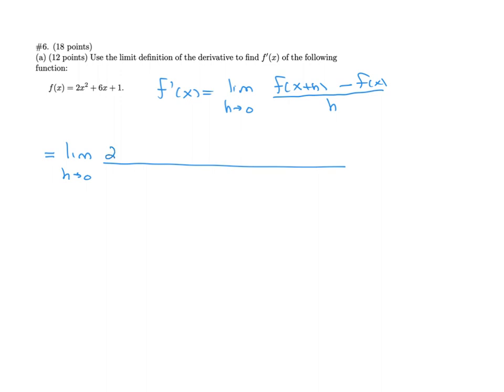And so I get 2 times x plus h squared plus 6 times x plus h plus 1. And I have to subtract the function. And I have to be careful. I want to subtract the whole function, so I'll use parentheses. So I have 2x squared plus 6x plus 1, all over h.